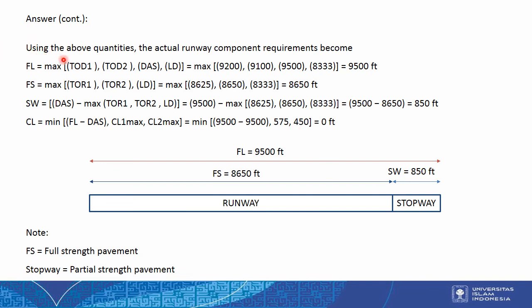So using the above quantities, the actual runway component requirements become as follows. For FL, it is the maximum from TOD1, TOD2, DAS or LD. So we look for the maximum number.